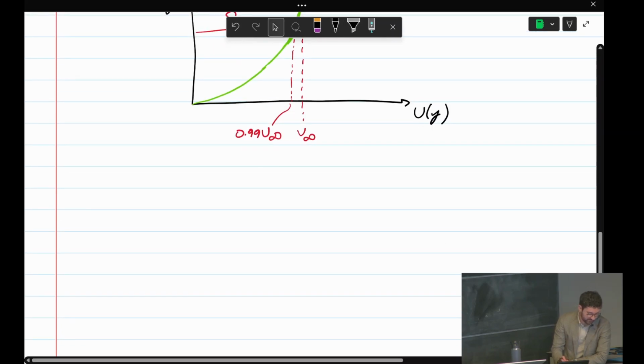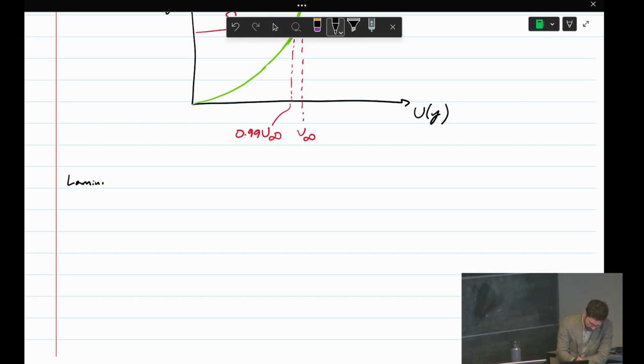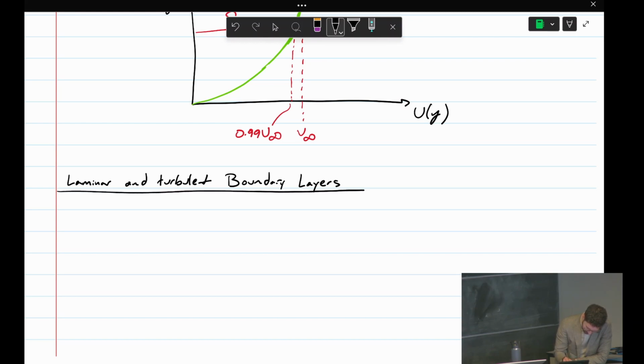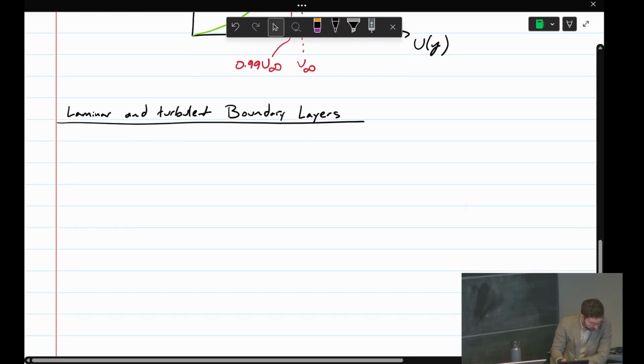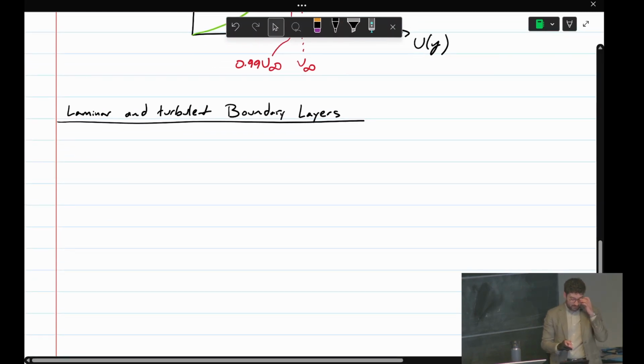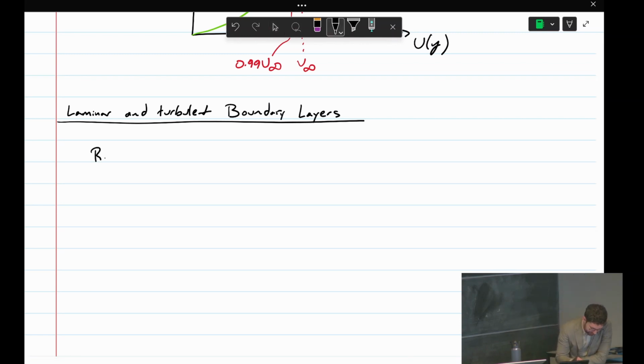Okay, so let's talk now about laminar and turbulent boundary layers. We need to define a few quantities before we start talking about this. So first we're going to define something called the local Reynolds number.